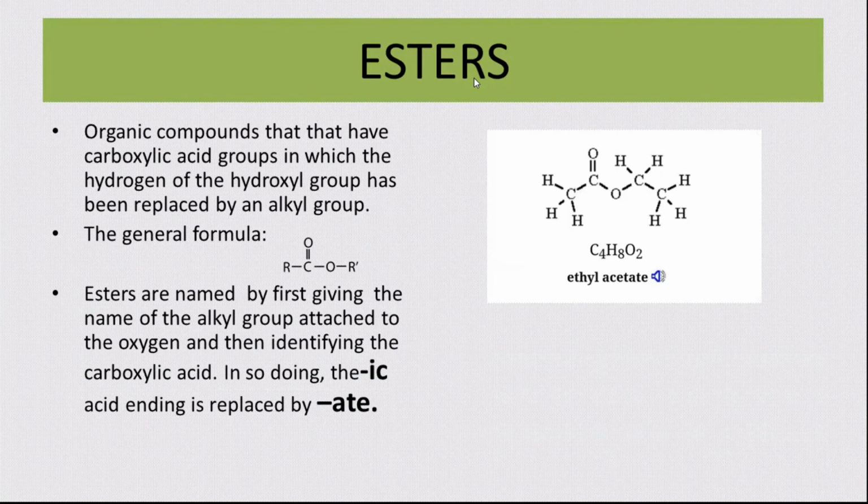So we have ethyl acetate and isoamyl acetate. Ethyl acetate is the most common ester and possibly the one with the widest range of uses. And yung smell niya is fruity smell.